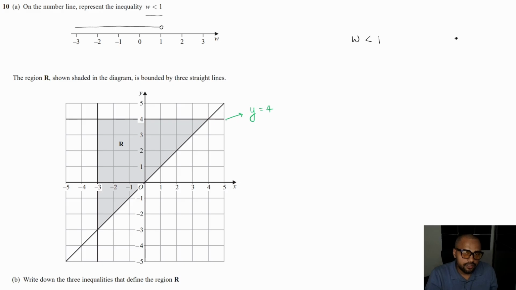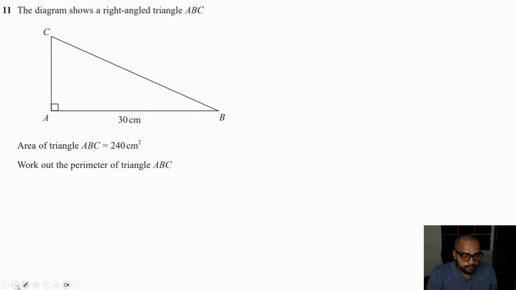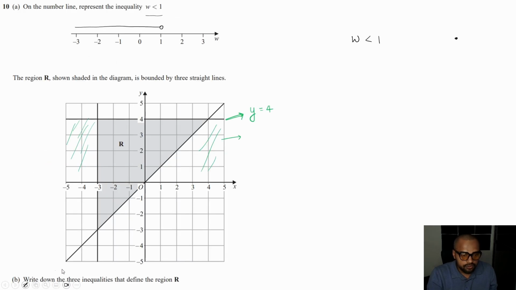I've just written the y equals to 4, means that equation of the line I have written. Don't get confused. Since the shaded region is below this y equals to 4, so for this region, y will be less than or equal to 4. Okay, because 4 is also included in that region.